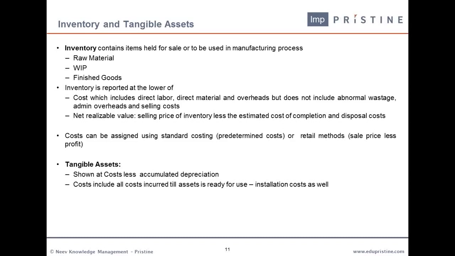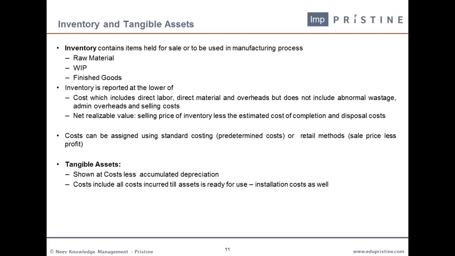So that's the net realizable value as on today. Whichever is the lower one is the one that we report for the inventory. We report the lower value because we traditionally are conservative when it comes to reporting. So we try to show as lower a value as possible.